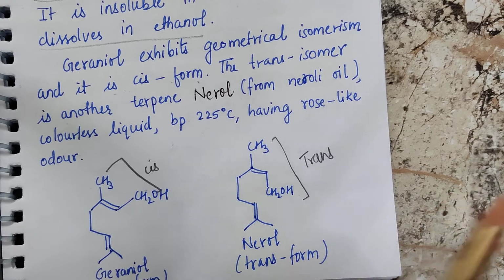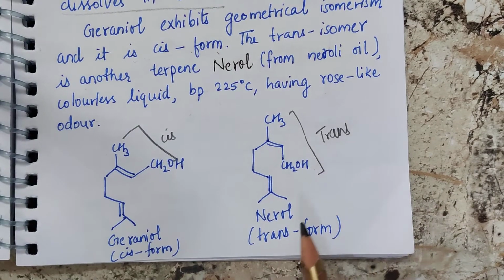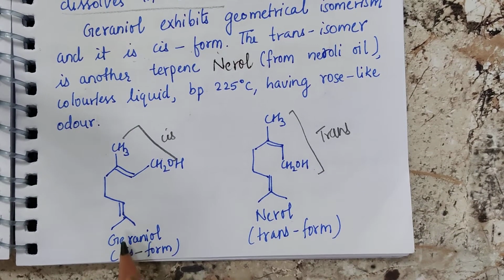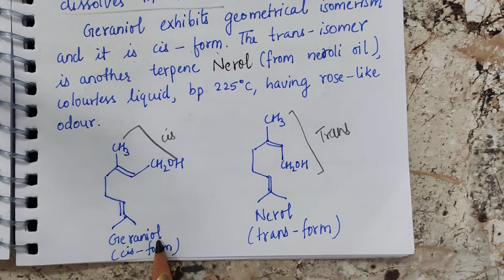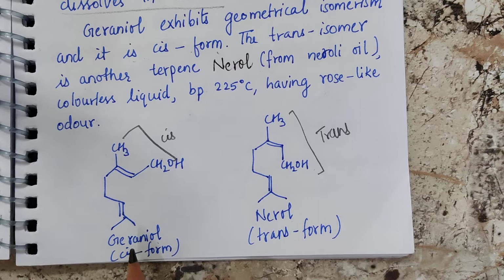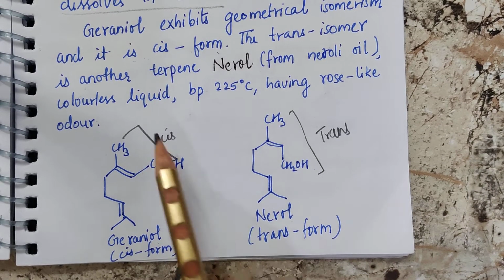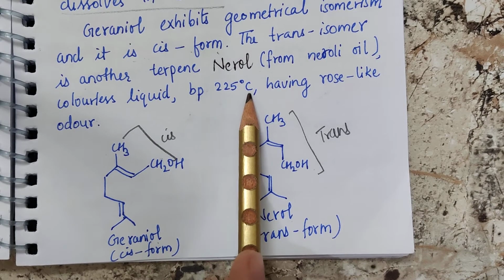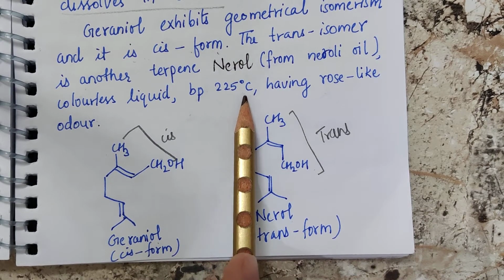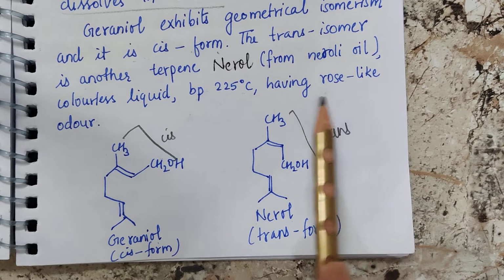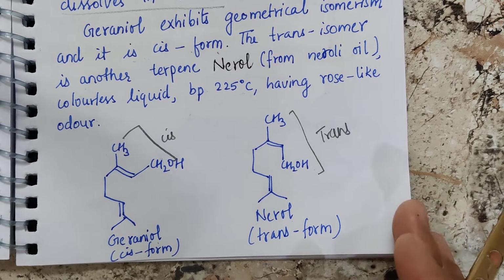The cis form is called nerol and the trans form is called geraniol. So nerol is another terpene. It is obtained from a different source. It is also colorless, but the boiling point is different, 225 degrees, and it also has a rose-like odor.